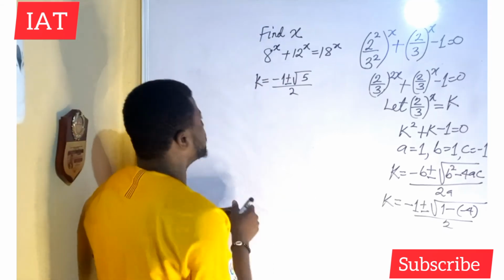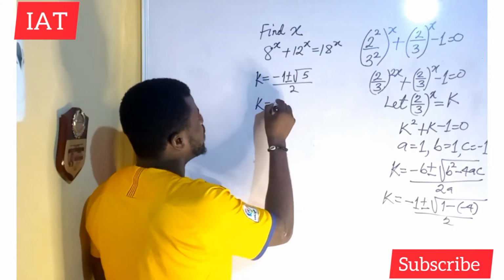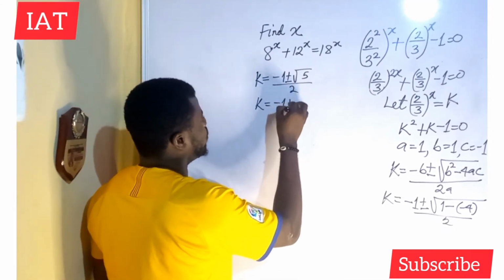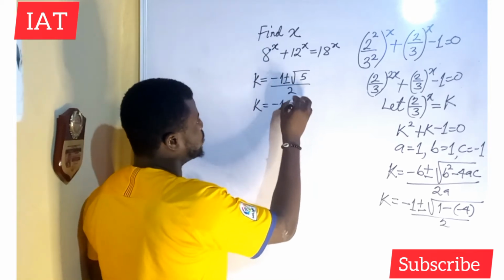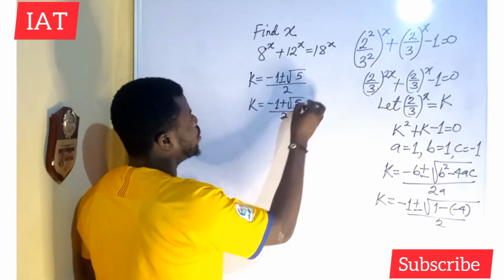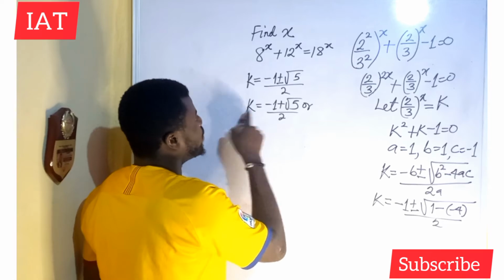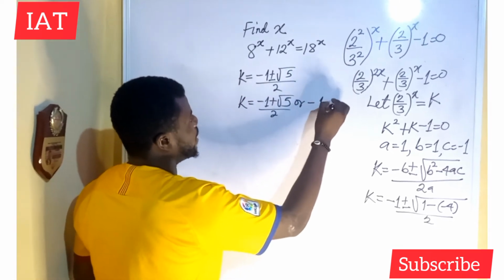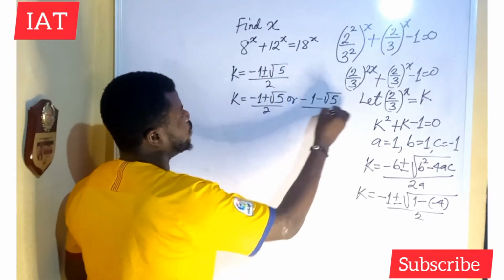And then at this point, this expression can be written as minus 1 plus root 5 over 2, or the value of k could also be minus 1 minus the square root of 5 all over 2.